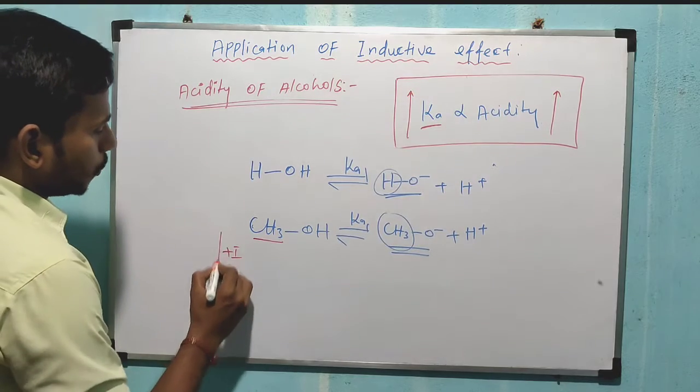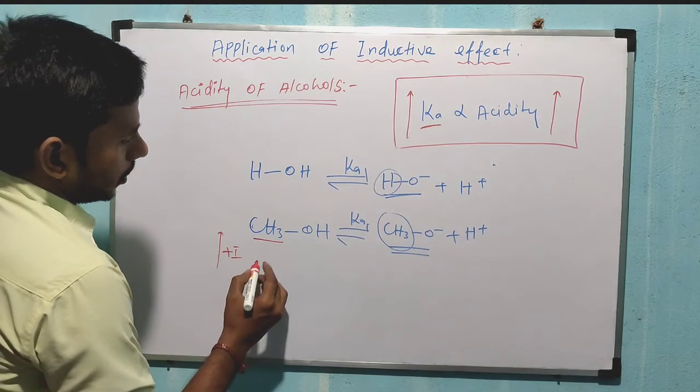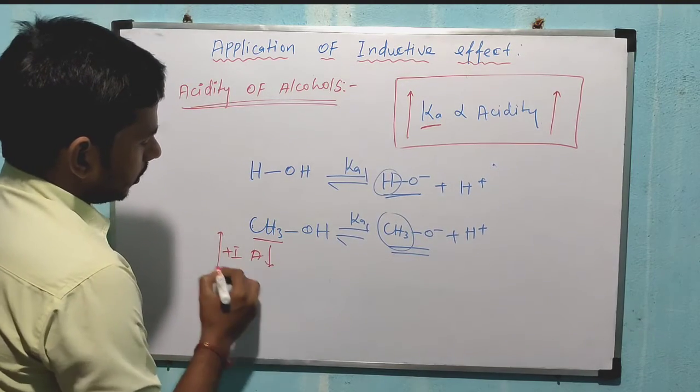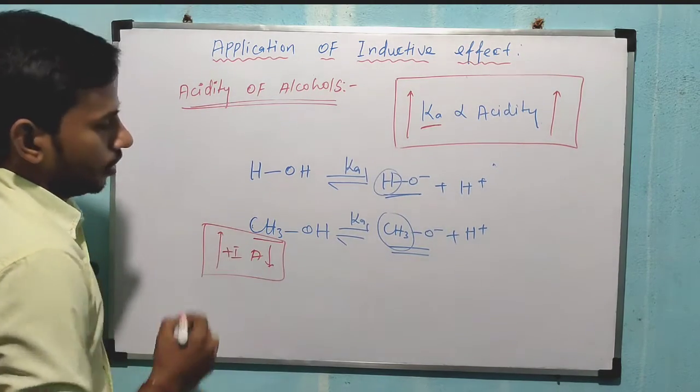So once the plus I group increases, the acidity decreases. Why?